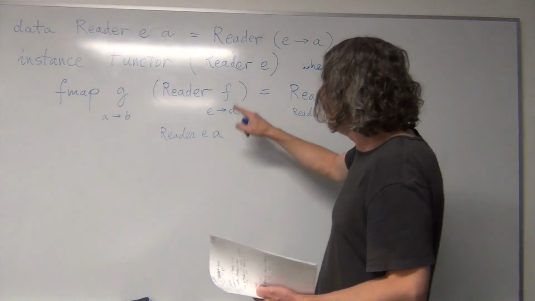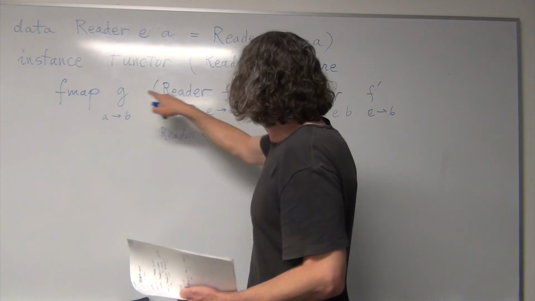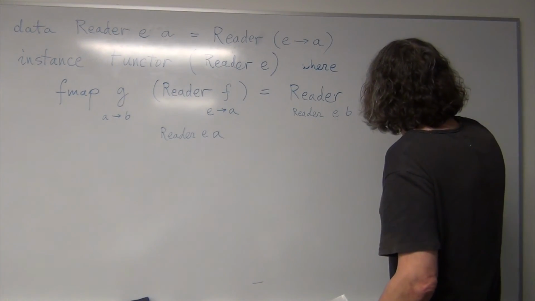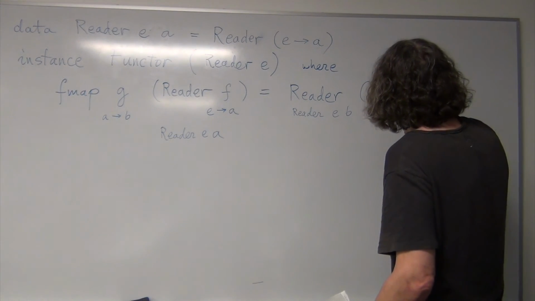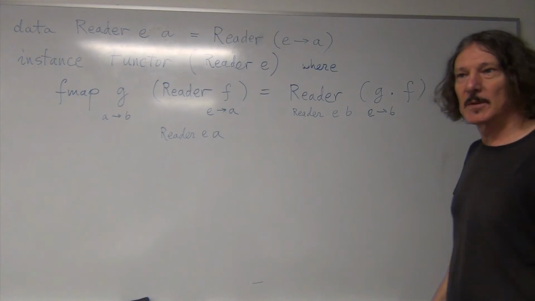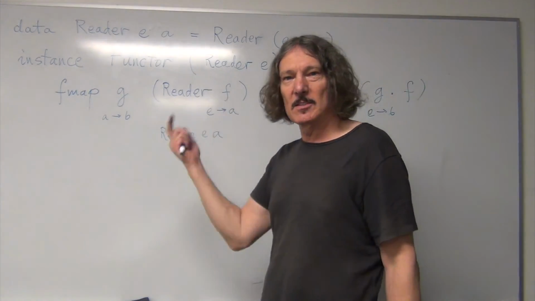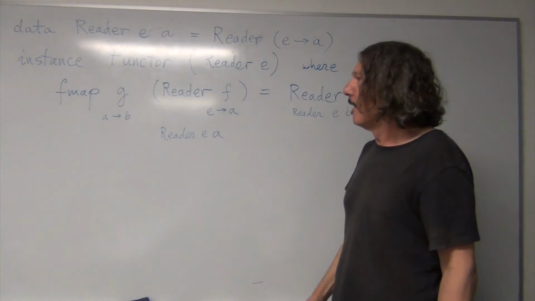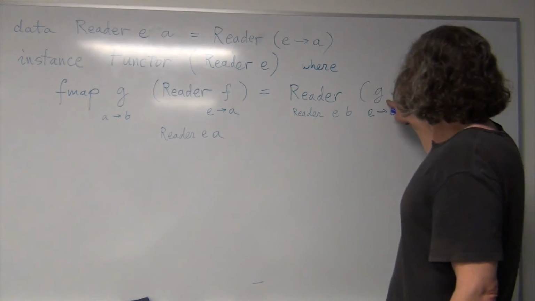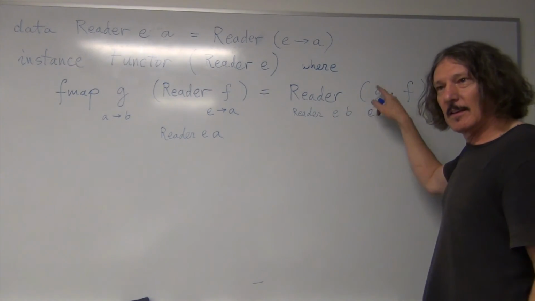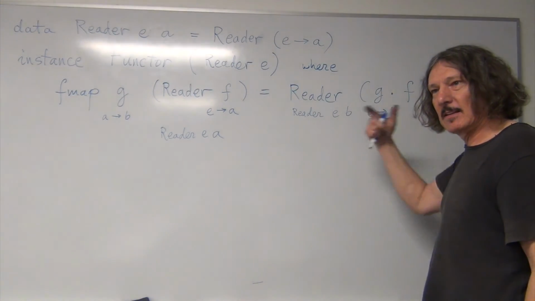So if we compose g after f, then exactly we get from E to B, right? Function composition. So fmapping is really equivalent to pre-applying a function, prepending a function.